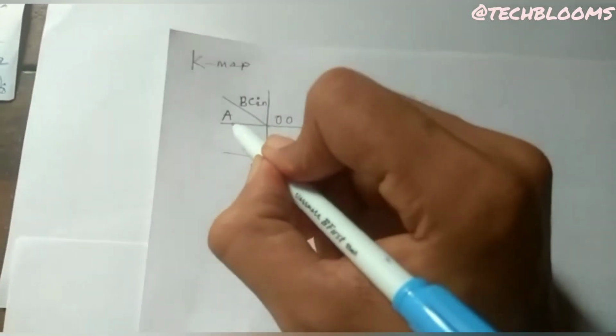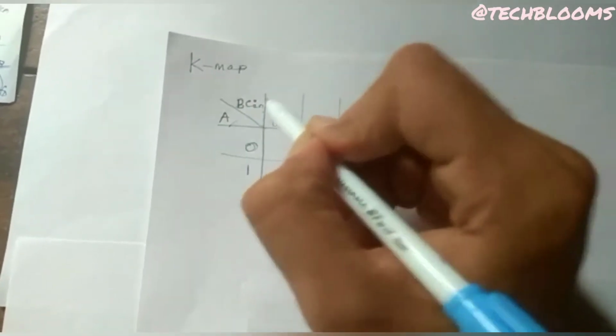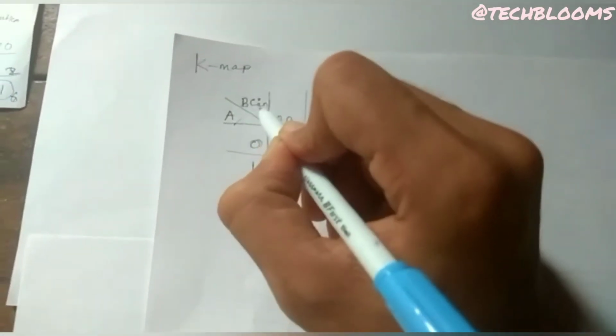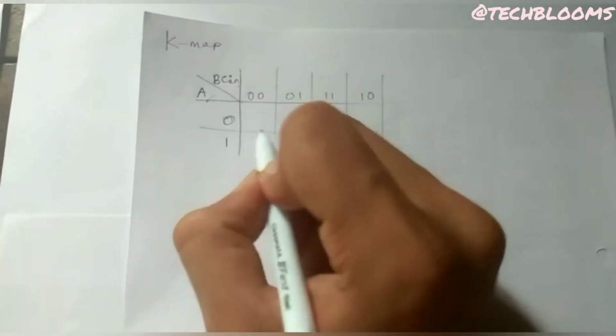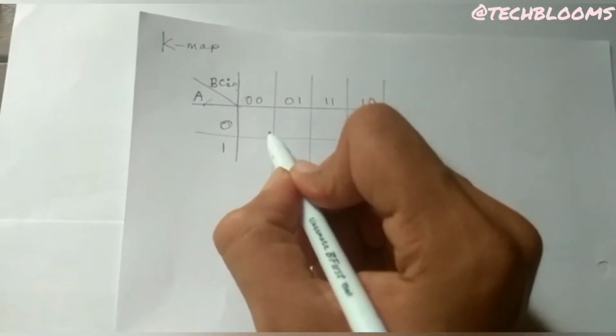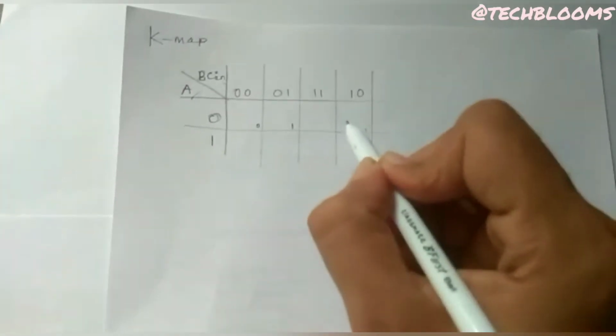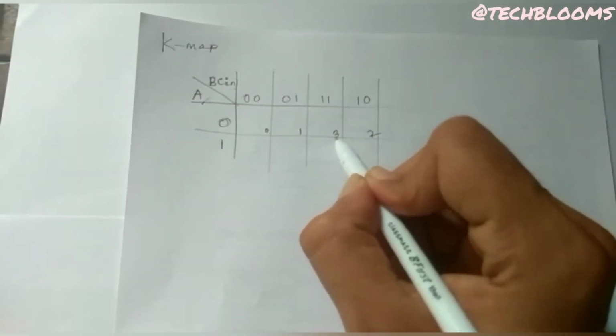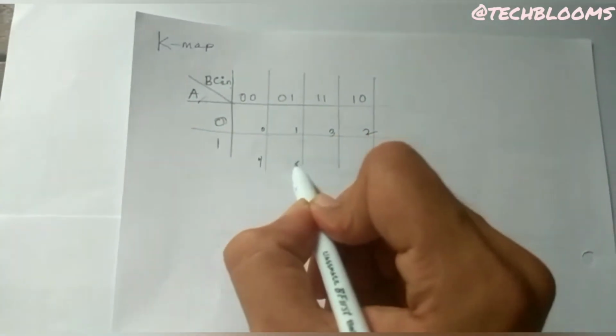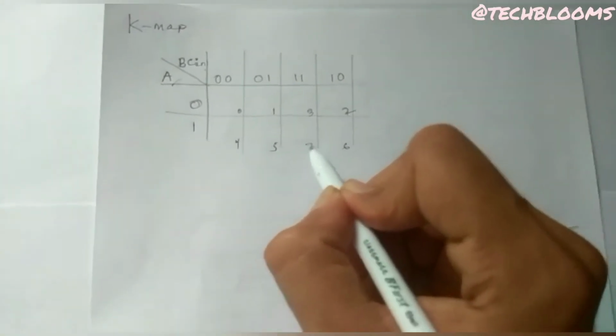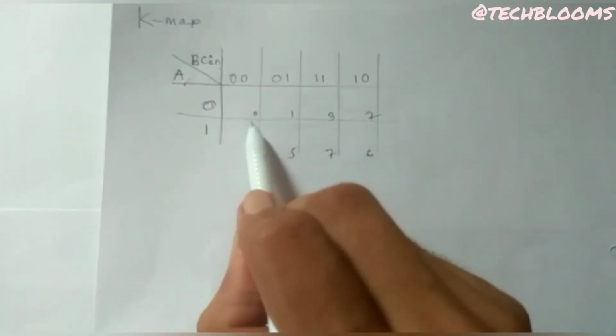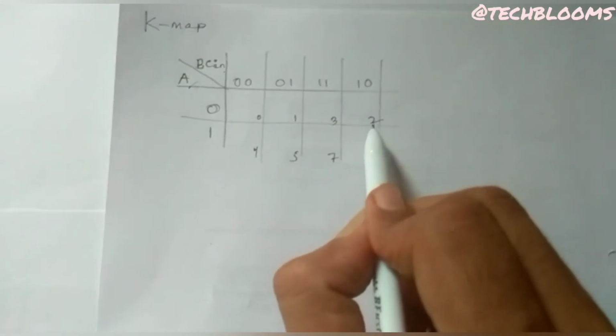We go from MSB to LSB, so we write A and B, C here. Now we will mark the values 0, 1, 2, 3, 4, 5, 6 and 7. You'll see why we are writing in this order.